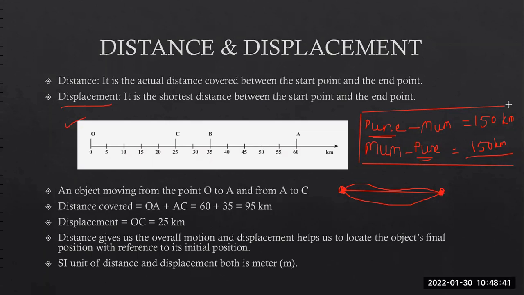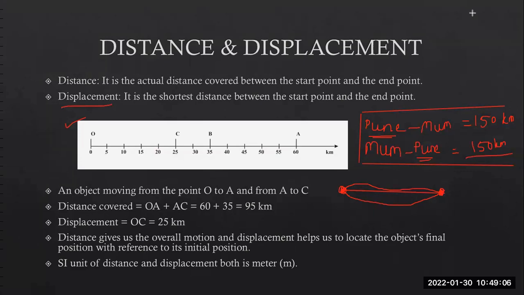Whenever the start point and end point coincide, what will be the displacement? 0. Exactly, 0 kilometers. Either 0 meter or 0 kilometers. So whenever the start point and end point are the same, displacement is 0.